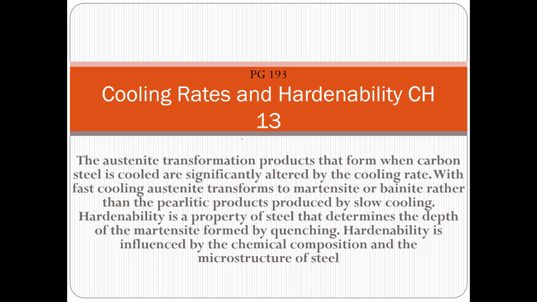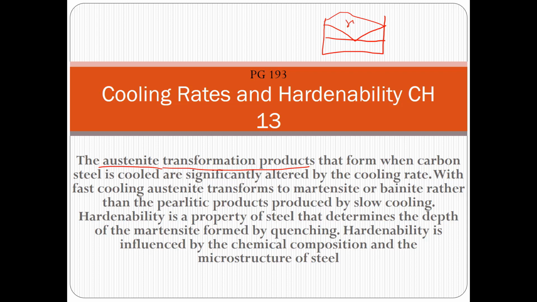Chapter 13, cooling rates and hardenability. Remember we talked about this opening paragraph right here, which is on page 193 in your book, the austenite transformation products. You should know what that means. What is an austenite transformation product? That means that we have our steel and it is heated up above our upper critical temperature. If I draw the iron carbon diagram up here, so we have austenite up here, austenite symbol.